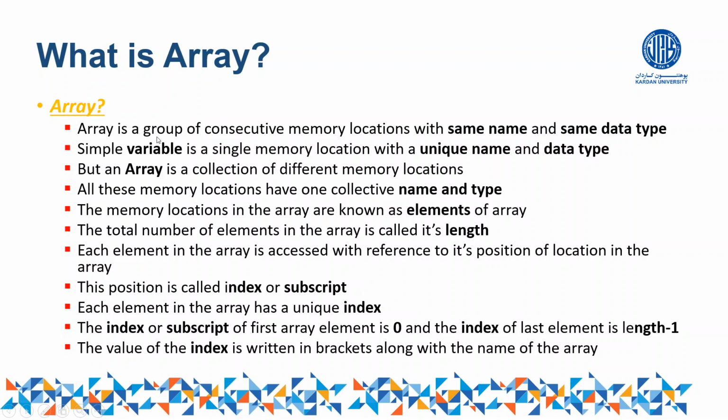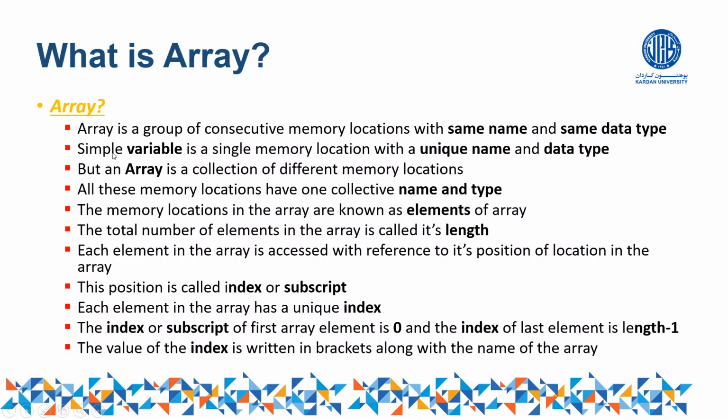Remember that this group of elements will have the same name and also the same data type. For example, the data type for all the elements in this group would be integer or it may be float, and also with the same name.